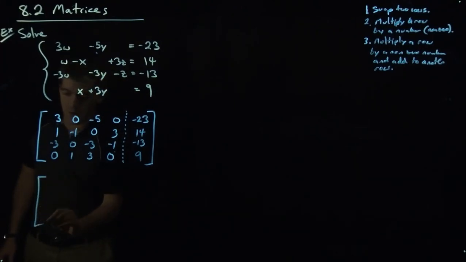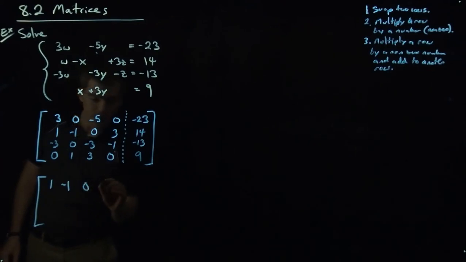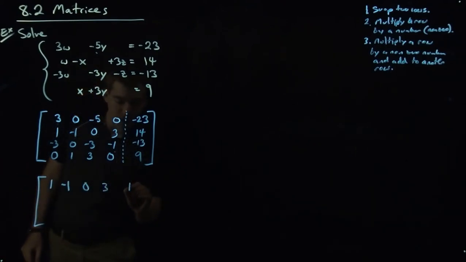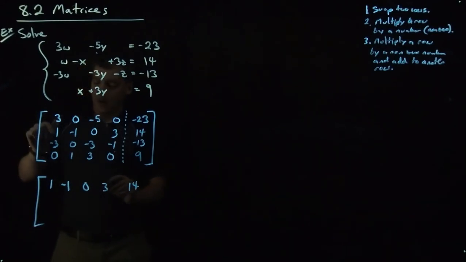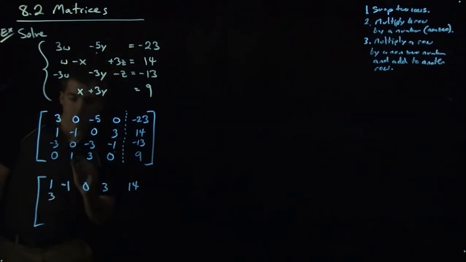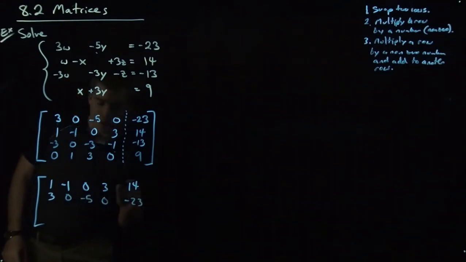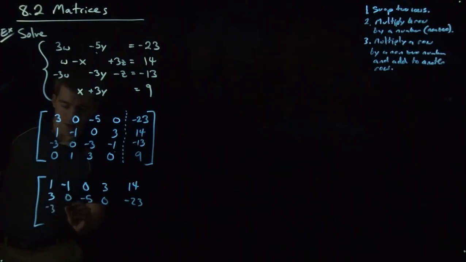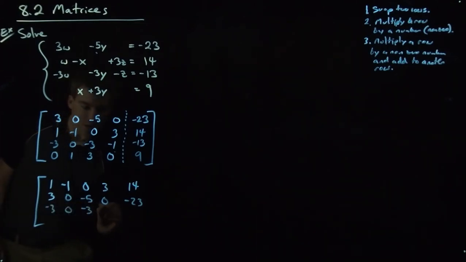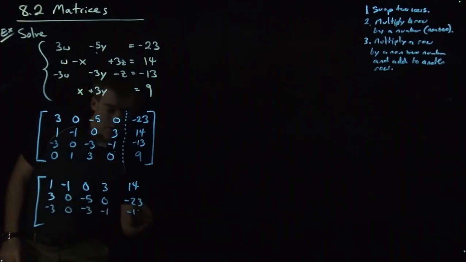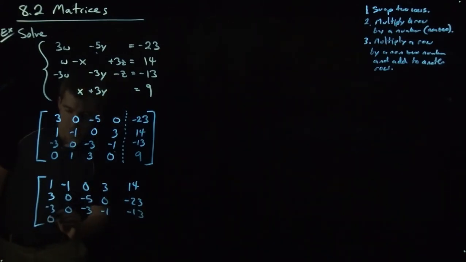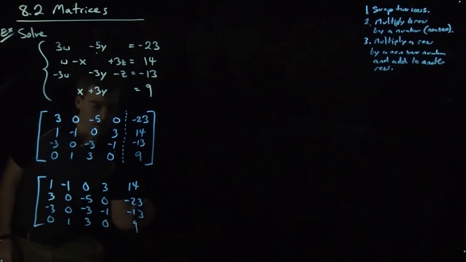So we have 1, -1, 0, 3, 14, and then 3, 0, -5, 0, -23, -3, 0, -3, -1, -13, and this last right here, 0, 1, 3, 0, 9.